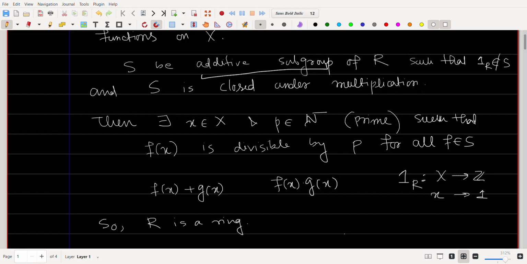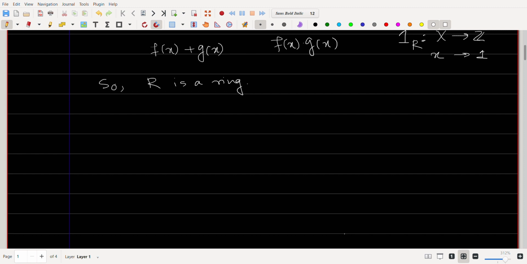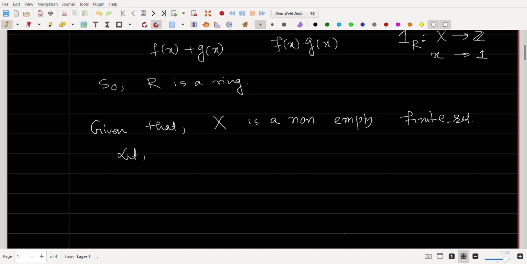So first, given that X is a non-empty finite set, we can do this problem by using induction on the cardinality of X. So let the cardinality of X be n. First, show the base case.